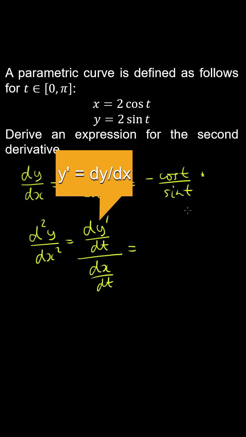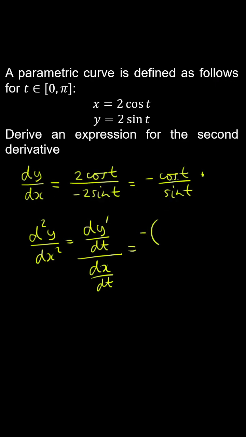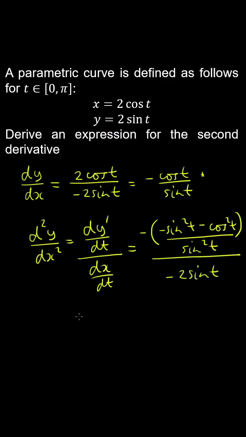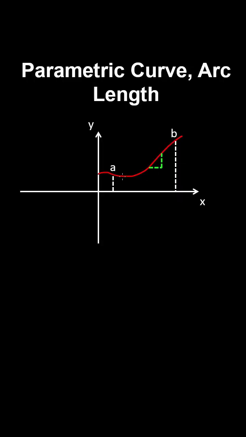So using the quotient rule, we have minus sine squared t minus cosine squared t over sine squared t. And then dividing through by dx/dt, which is minus 2 sine t, that's going to give you minus a half cosec cubed t.